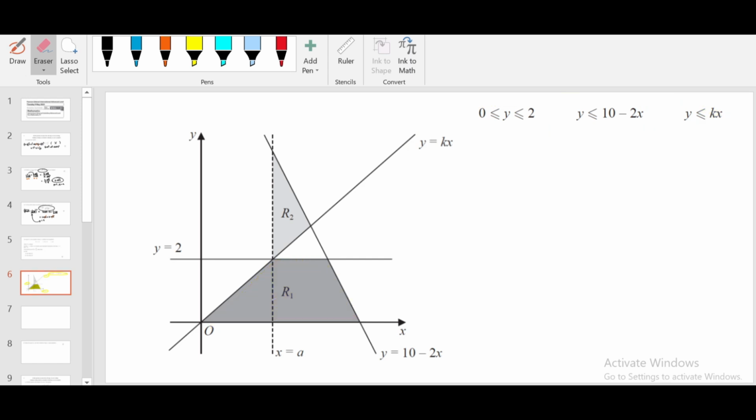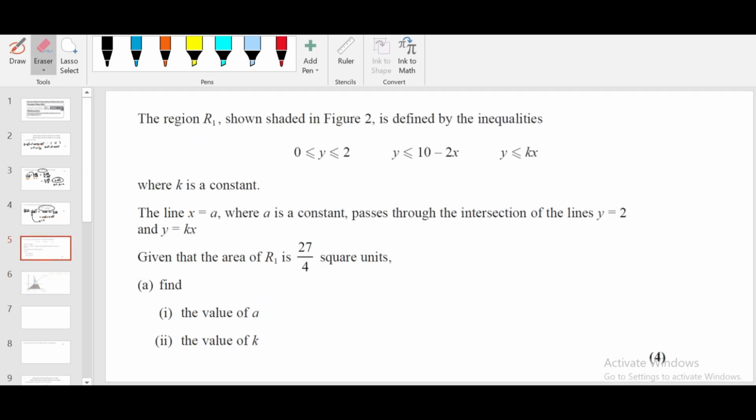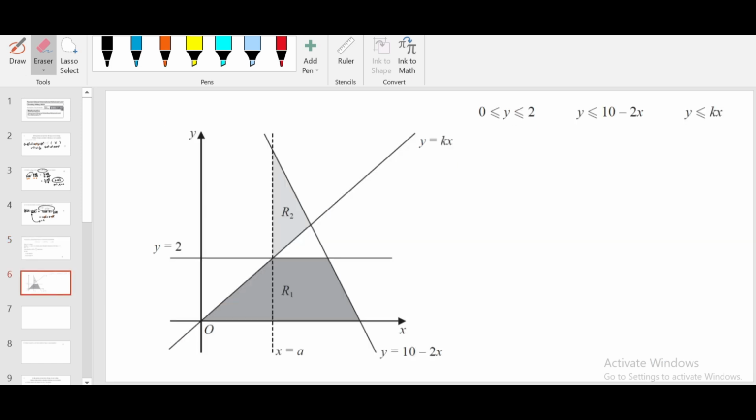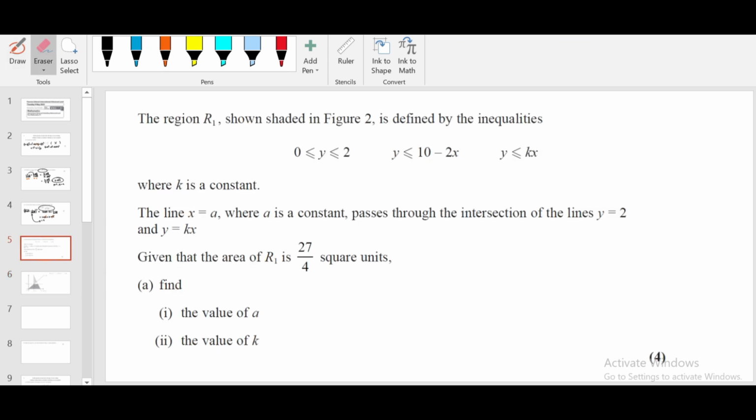Okay, now let's read further. The line x is equal to a, where a is a constant, passes through the intersection of line y is equal to 2 and y equal to kx. As you can see from the figure, all these 3 lines intersect at this point. Given that the area of R1 is 27 over 4, find the value of a and k.